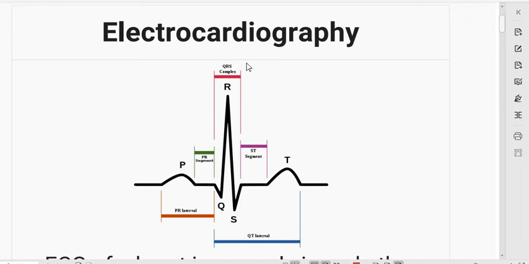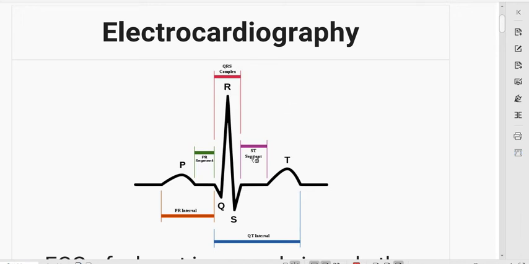And the most important topic of today's discussion: here is the P wave showing the atrial depolarization. This is the PR segment, between the termination of the P wave and the initiation of the QRS complex. QRS complex means ventricular depolarization. It means that an action potential has been generated in the QRS complex.